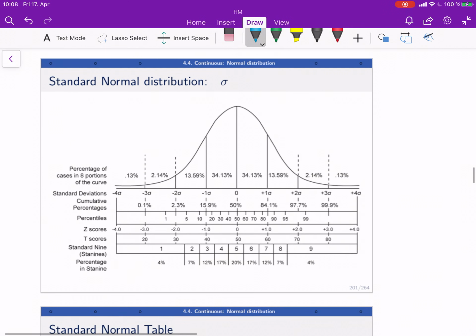So what else can we say about it? Because it's so widely used, people have created little tables like this one, and you can sometimes memorize some key facts. So within 1 sigma around mu, you get something like 68% of data points.